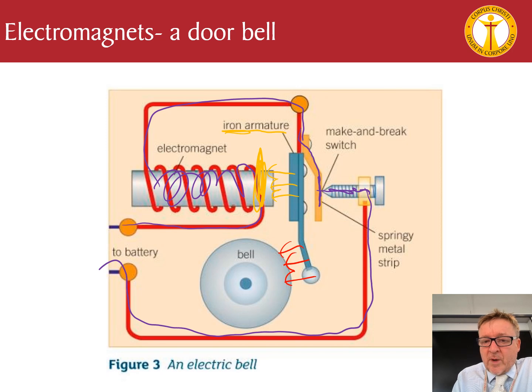But when this armature moves towards the electromagnet, we get a cut in electricity here, so the current breaks. And when the current breaks, the electromagnet turns off, and the armature goes back towards the screw. Current starts up again. So that is briefly how an electromagnet works.